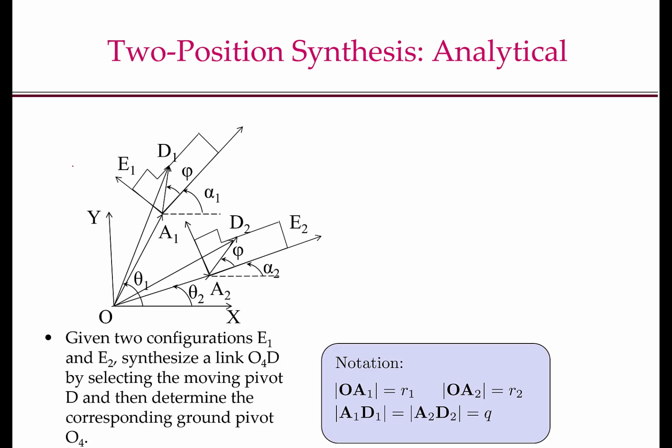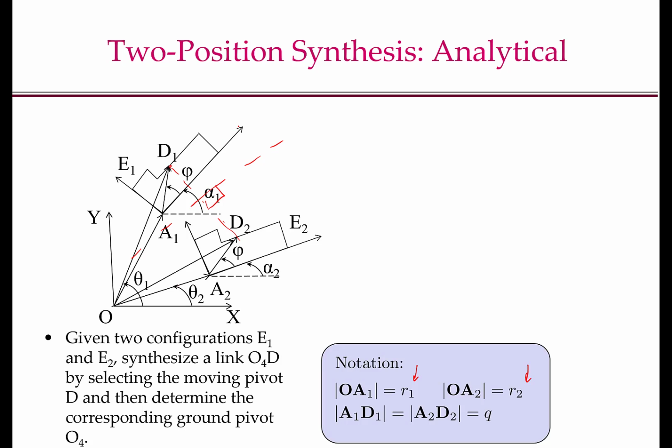So what we will do now, we'll choose another moving pivot, which is D in this picture, and we want to find the perpendicular bisector of D1, D2. My poses are the same as before. So the magnitude of OA1 is R1, the magnitude of OA2 is R2, the angle that the vector OA1 makes is theta 1, the angle the vector OA2 makes is theta 2.